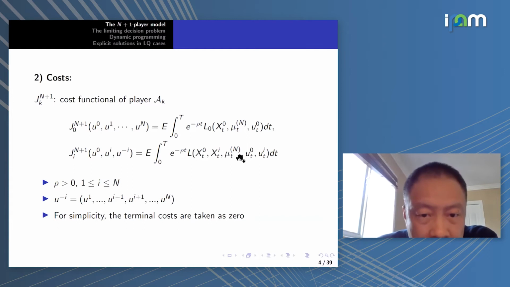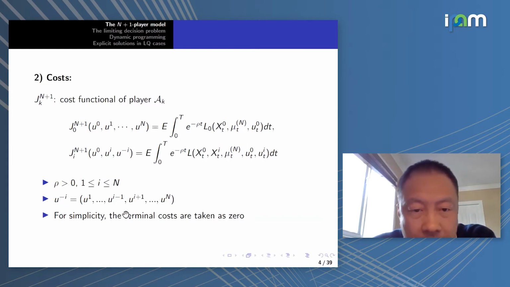Okay. And we have a little bit of notation. We use u_{-i} to denote the control of all other minor players, except minor player Ai. Okay. So this is the dynamics and the costs.